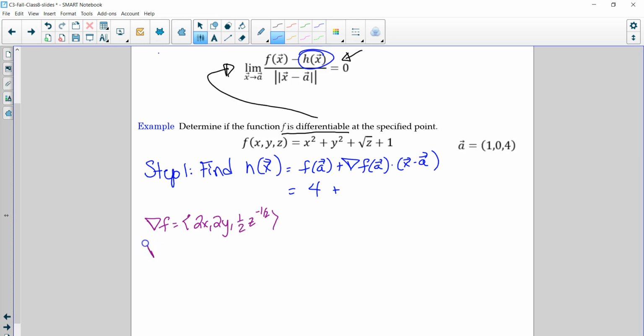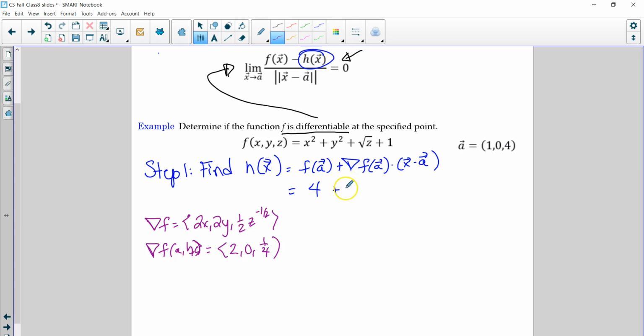If I evaluate this at a, b, c, I believe I get 2, 0, and 1/4. So I found that.